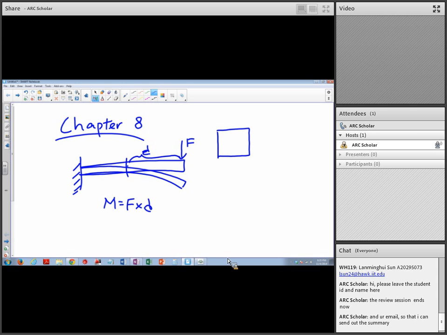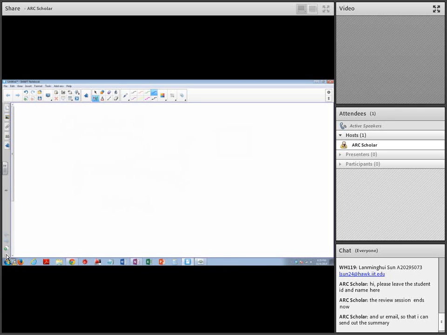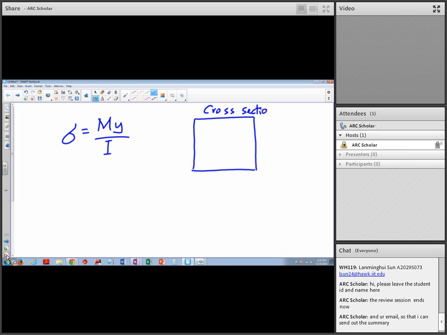And in chapter 8, we are looking for the stress at any point of the cross section. This is the cross section. Okay, this is the equation for finding the stress in the cross section.